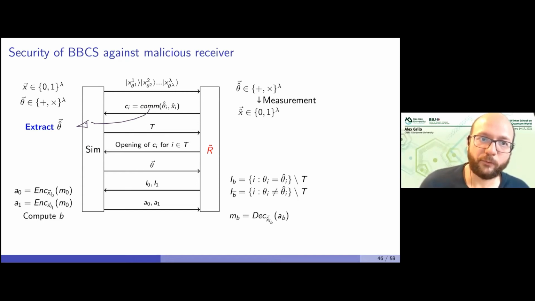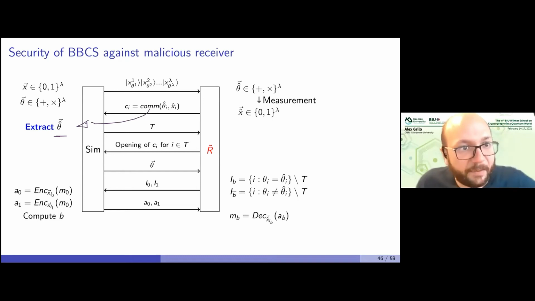So from the commitment you can use the extraction by rewinding and so on. And once she has the values of theta hat, she can just compute b by distinguishing which are the bases that match or not.